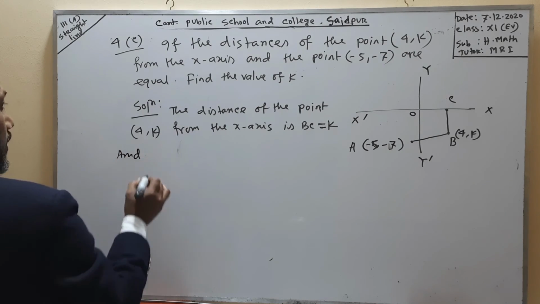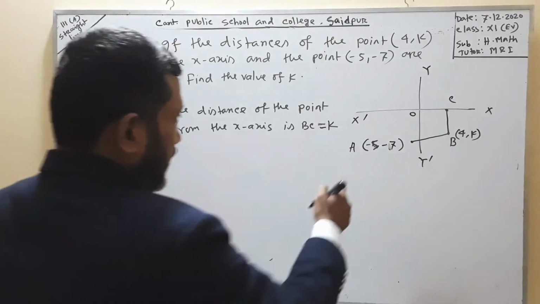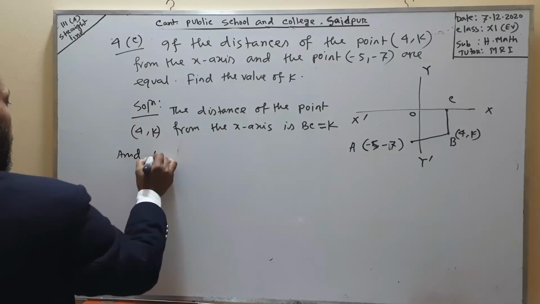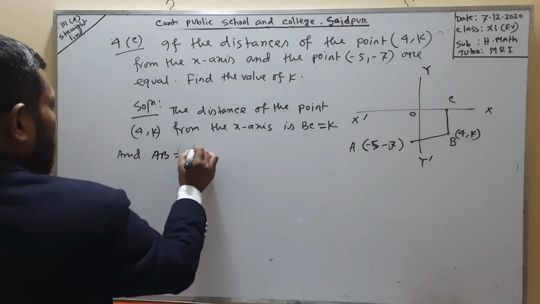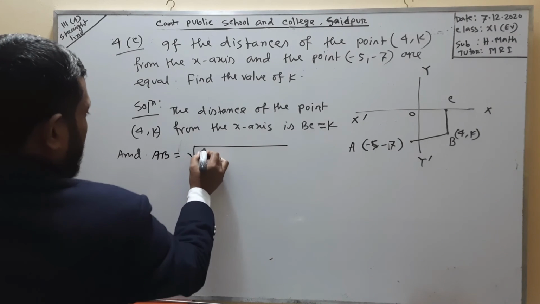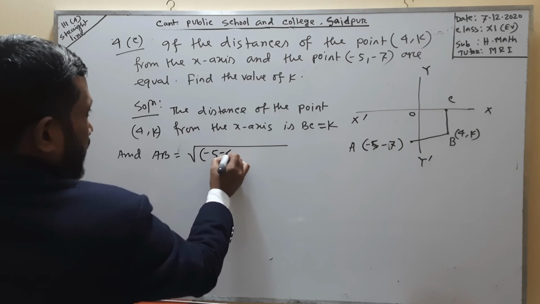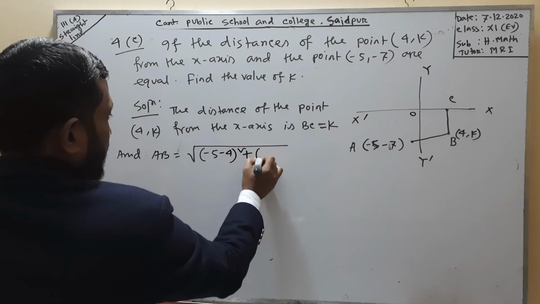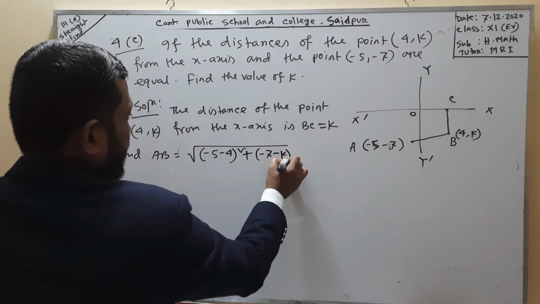And the distance between A and B is square root of -5 minus 4 whole square plus -7 minus k whole square.